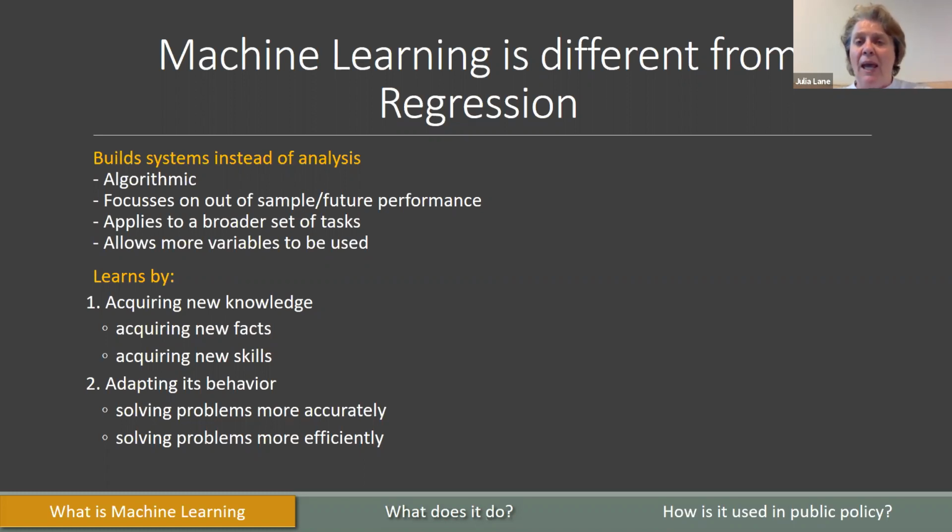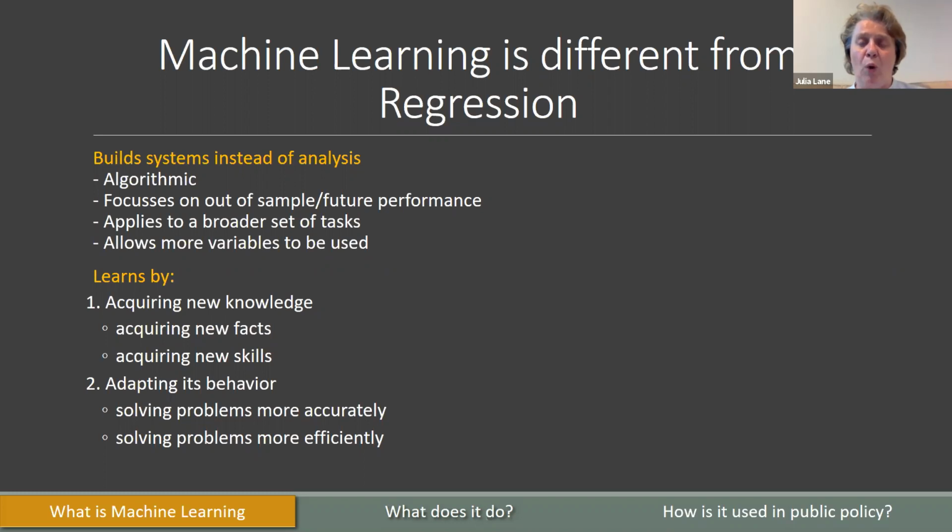Because it's set up to handle large-scale data sets, there are many, many more variables that can be used. In public policy, we're used to thinking about a quite narrow specification. We get criticized if we throw in too many variables. In machine learning, that's a feature rather than a bug, and that's a little bit of a joke.